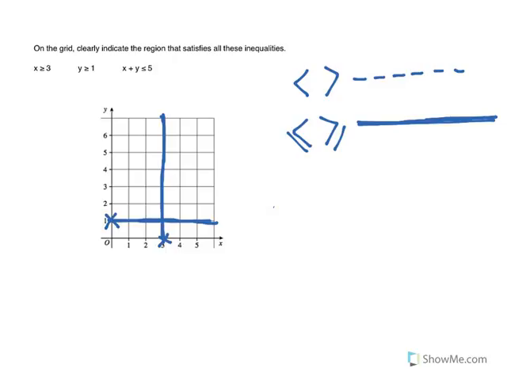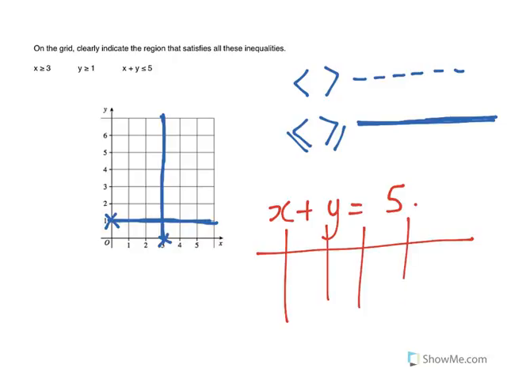So we've got x plus y equals 5. I would recommend doing a table of values for this. The x values I've got on this graph are x equals 1, 2, 3, 4 and 5, and I've just got them from this x-axis here.